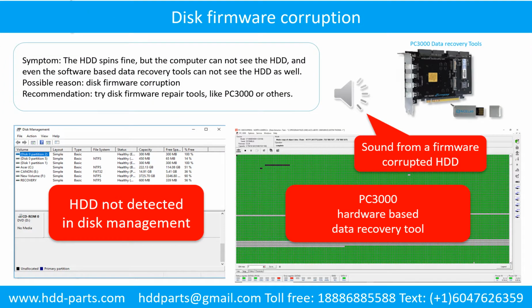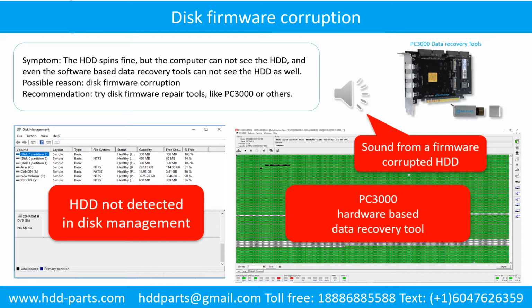Disk firmware corruption. Symptom: the hard drive spins fine, but the computer cannot see the hard drive, and even software-based data recovery tools cannot see it. Possible reason: disk firmware corruption.